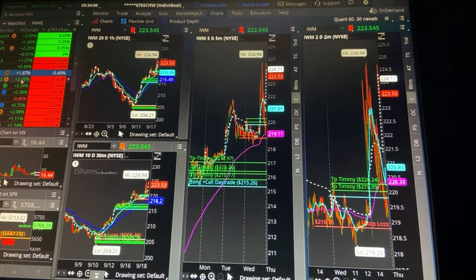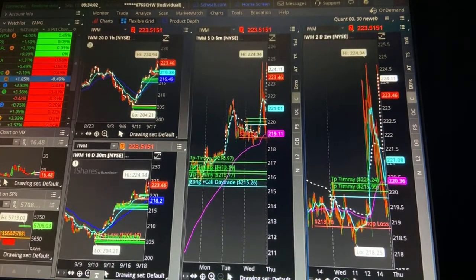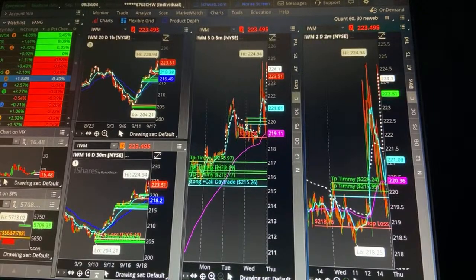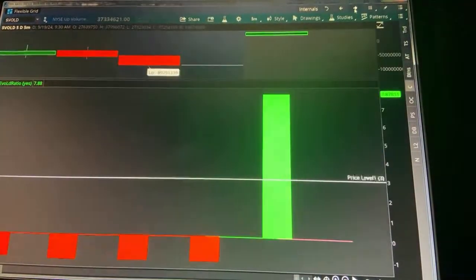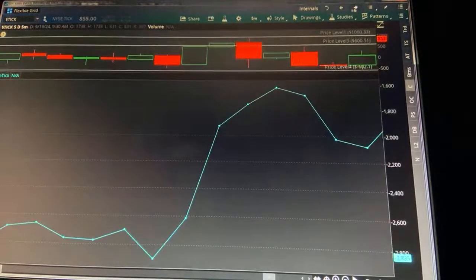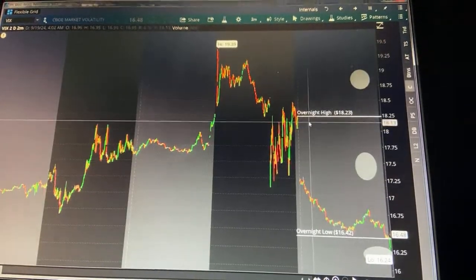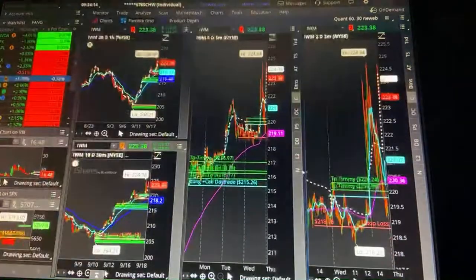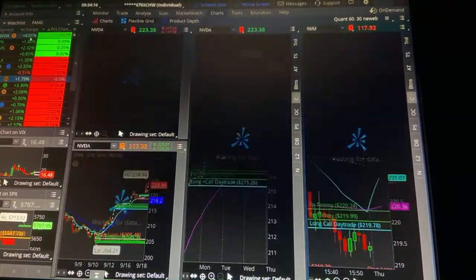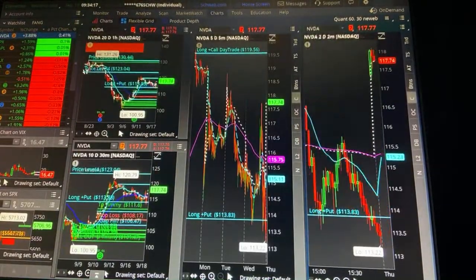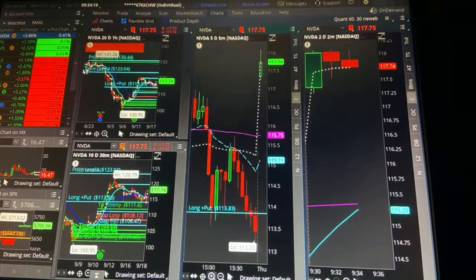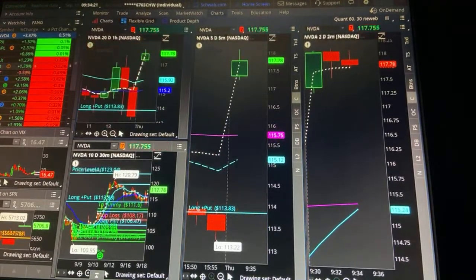That's a bit too far for ES, but we will see what happens. You say it's bearish? VIX is just a gauge on that. So let me see. Just want to be a little bit patient here off the open.